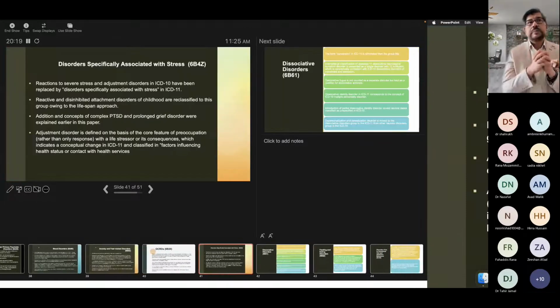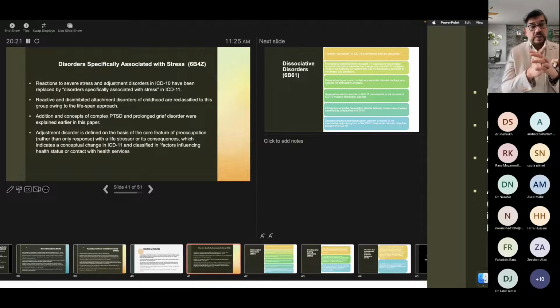This is the change. Disorders specifically associated with the stress I mentioned earlier, they are actually combined here. Reactive disinhibited attachment disorders of childhood are reclassified. Addition of PTSD, complex PTSD have been added.